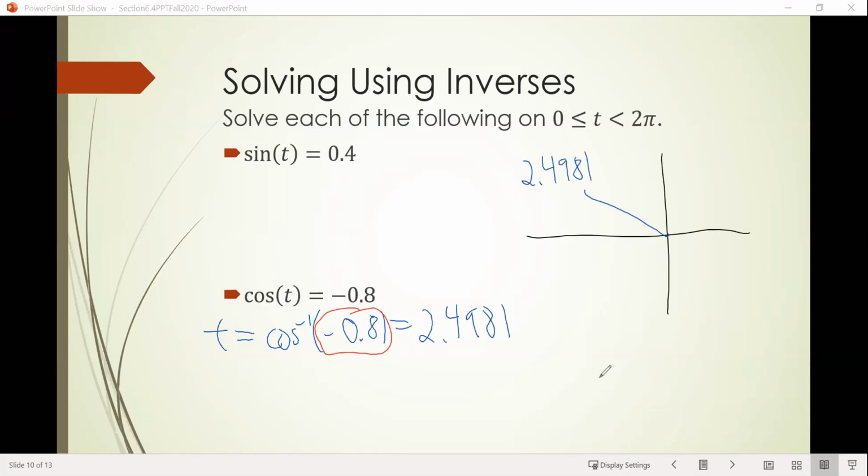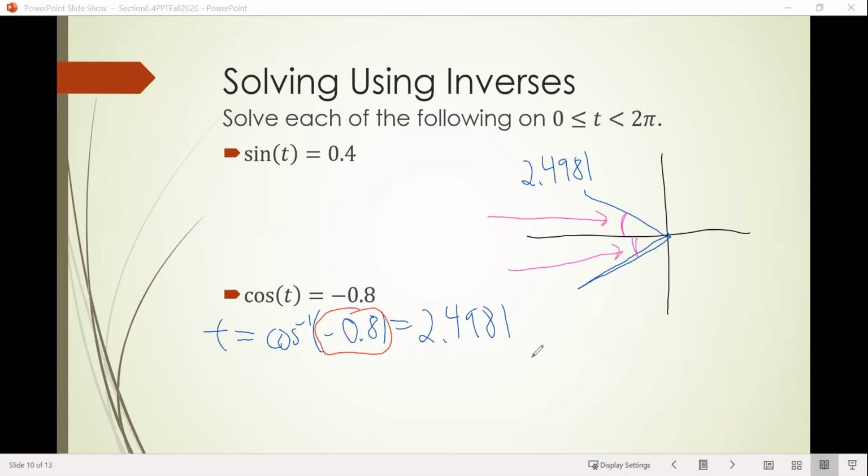And again, since the cosine is negative, our other answer should be where cosine is negative, which is actually in the third quadrant, right? And so how are we going to find that angle now? We again need to bring in the concept of reference angles. So we know that these two angles here will have the same reference angles.